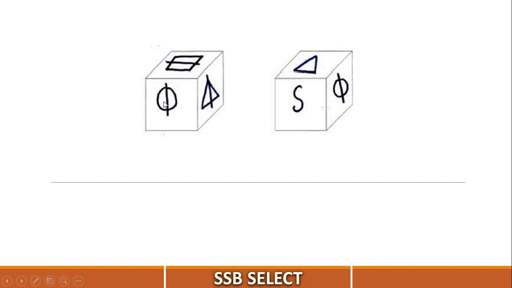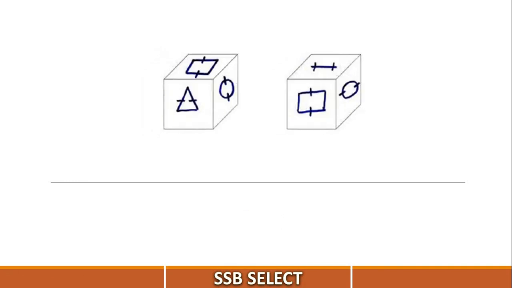That is basically the cube is rotated by 90 degrees. Now if the cube is rotated by 90 degrees, this quadrilateral with a horizontal line should have been there on the top face, but it is not there. This shows that the cubes aren't similar. Let's look at the answer. Yes, the cubes aren't similar. Let's move on to the next question.